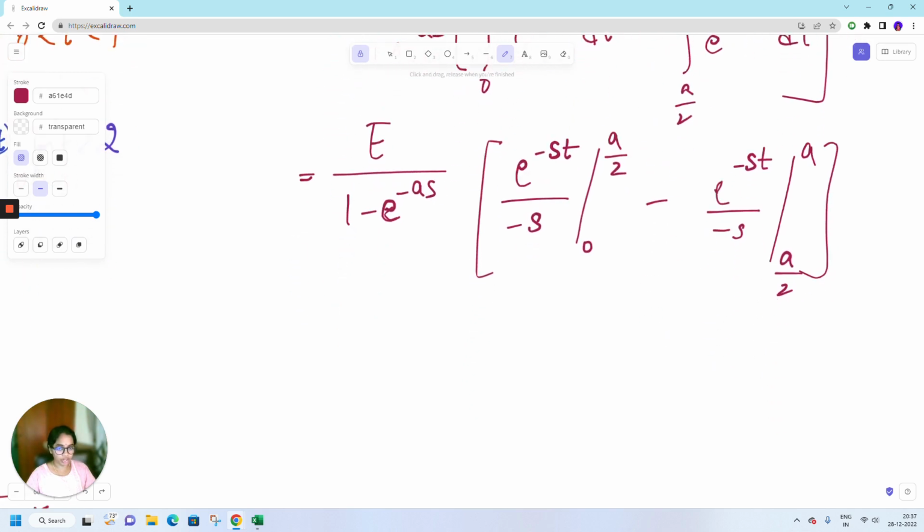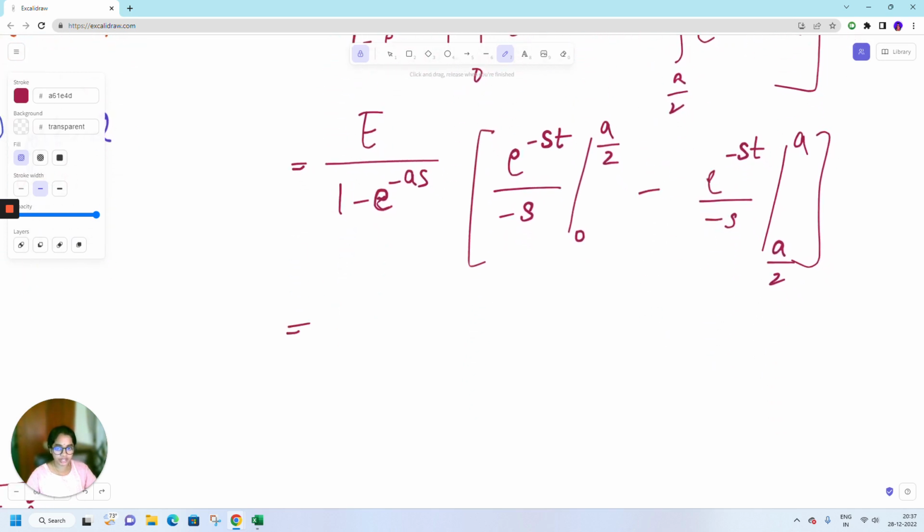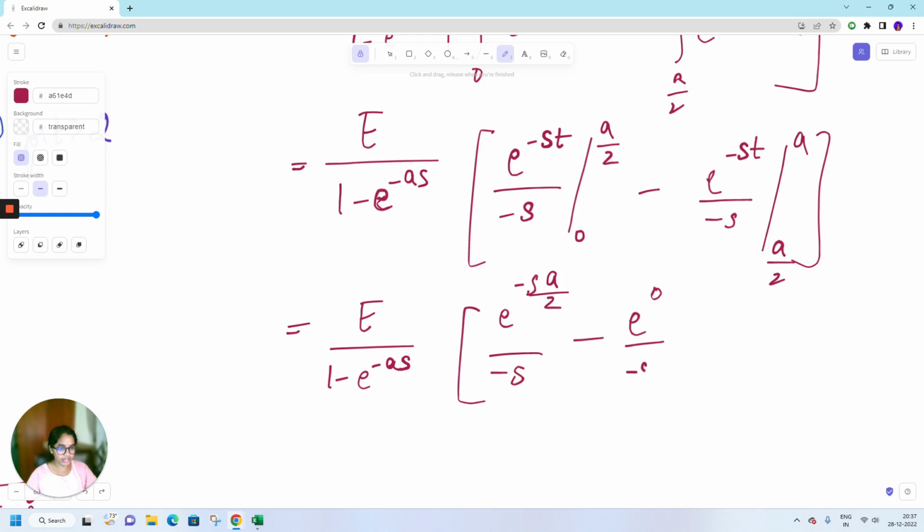Okay. Moving on, let me apply the limits. That would be e divided by 1 minus e power minus as. Where do we apply the limits? Wherever we have t. Okay. Divided by minus s minus e power 0 divided by minus s. Okay.